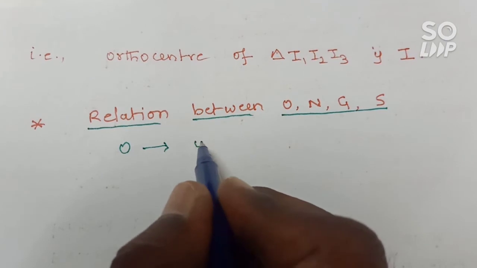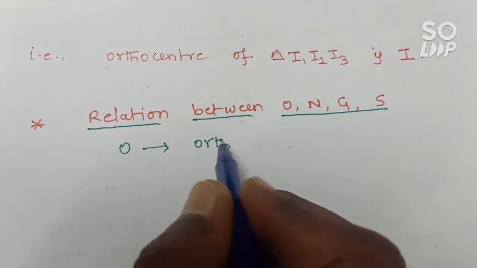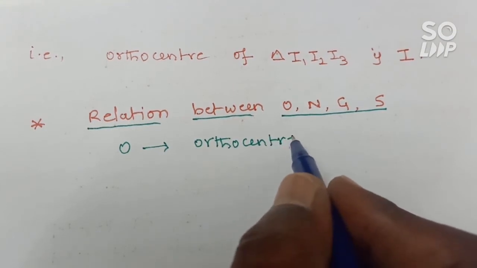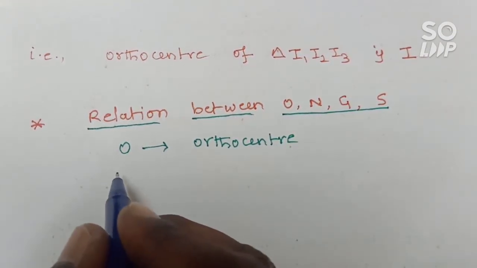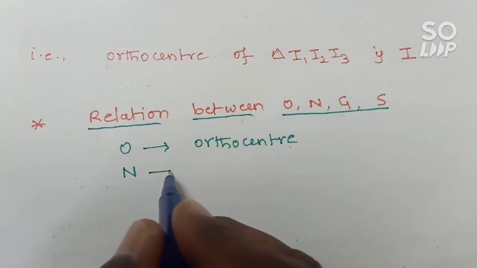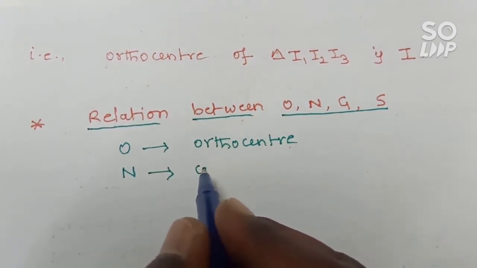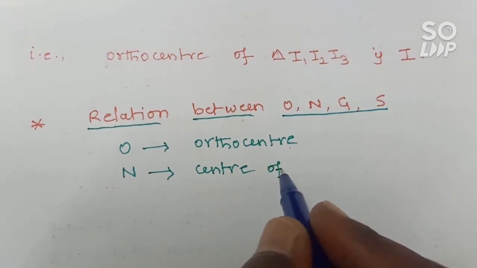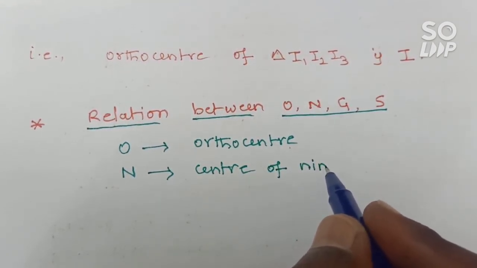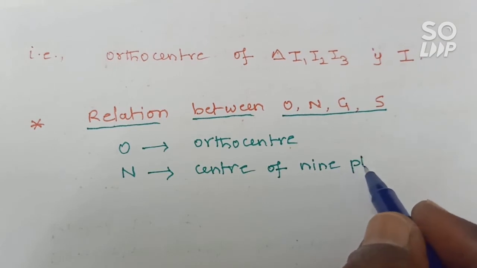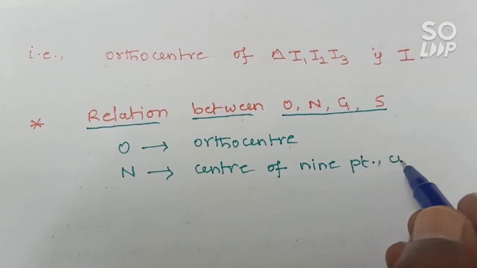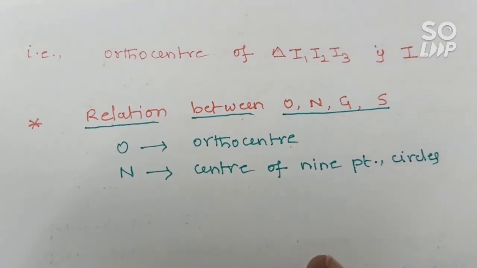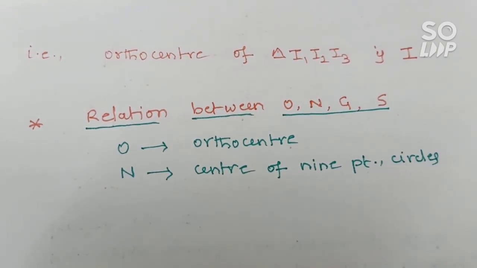O is the orthocenter. N is the center of the 9-point circle. Most of the students know the concept of the 9-point circle.